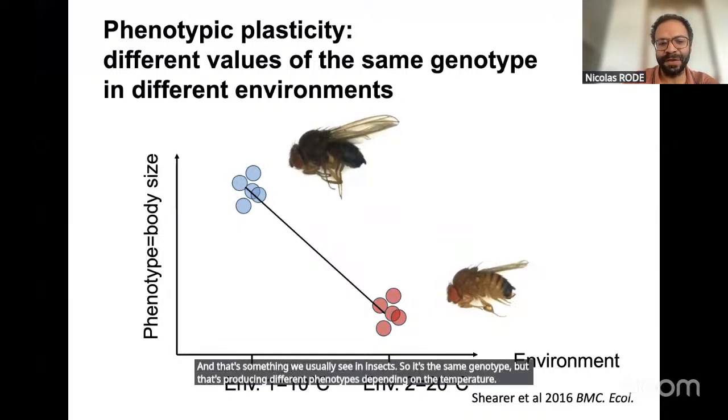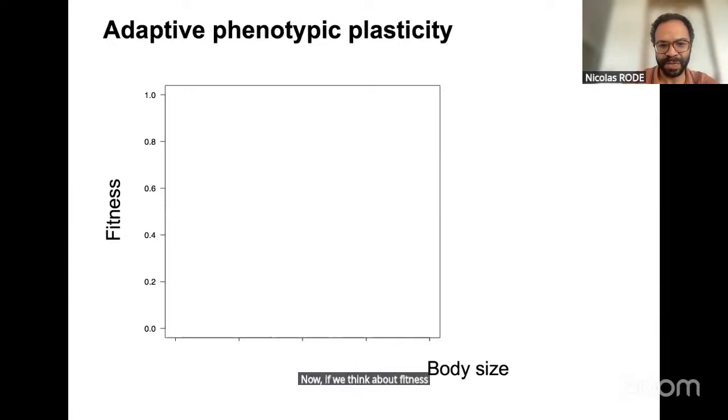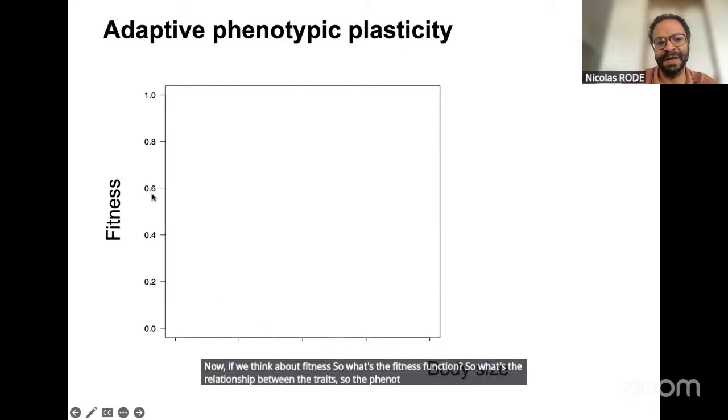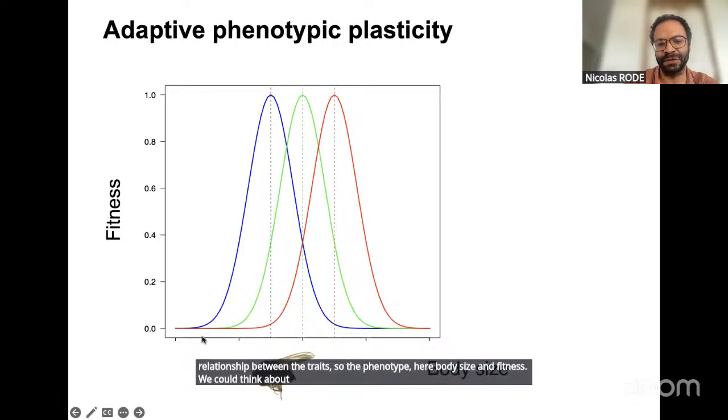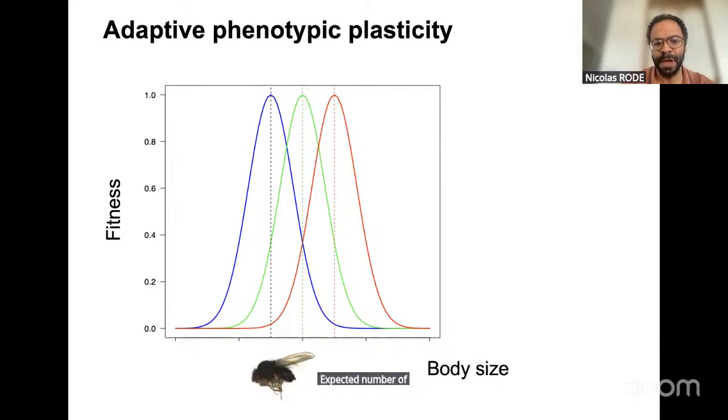Now, if we think about fitness, what's the fitness function? What's the relationship between the trait, so the phenotype, here body size, and fitness? We could think about different fitness functions. So you see here you have different curves. This is showing how the fitness, for example the expected number of offspring in the next generation, would change depending on body size.